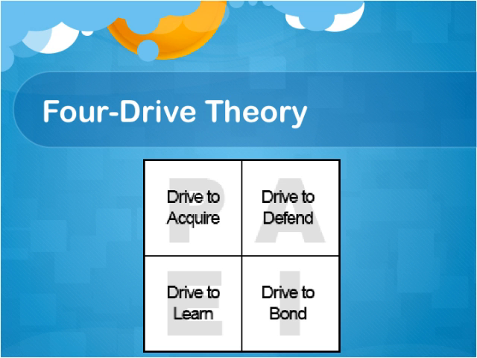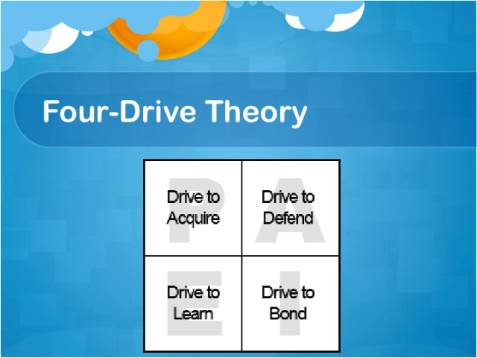Drive to bond: this is the drive to form social relationships and develop mutual caring commitments with others. This explains why people form social identities by aligning their self-concept with various social groups.